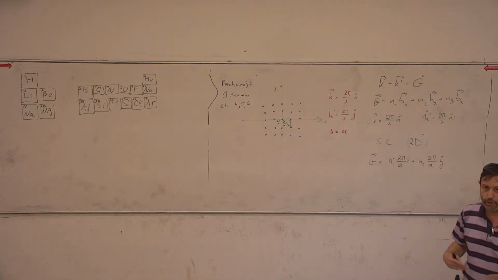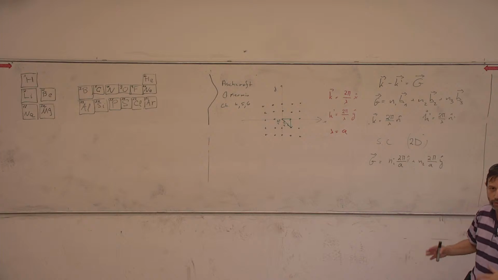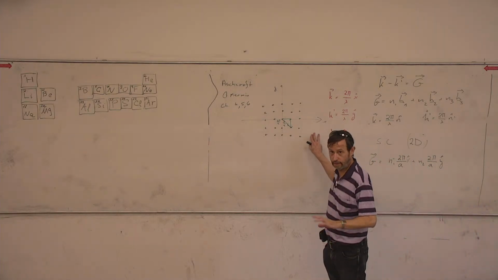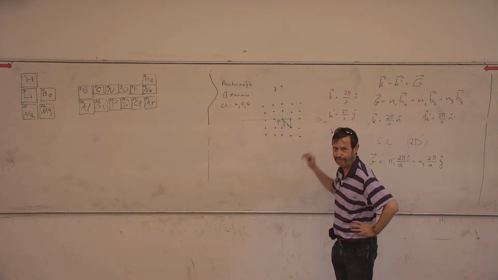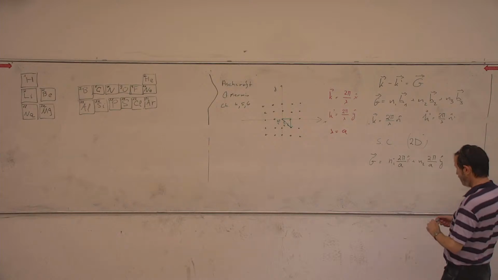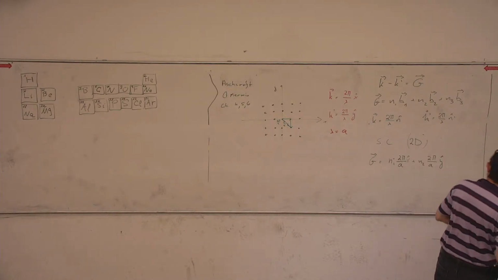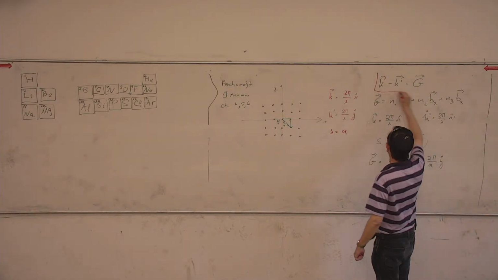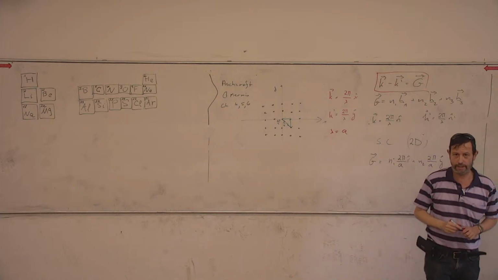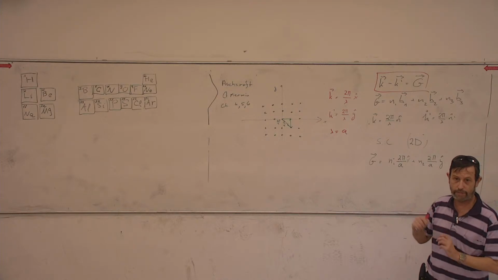Since we are short on time, I won't go into some more examples that we did in previous years in this chapter. Okay, so basically the most important thing that you should carry out of this lecture is the following.